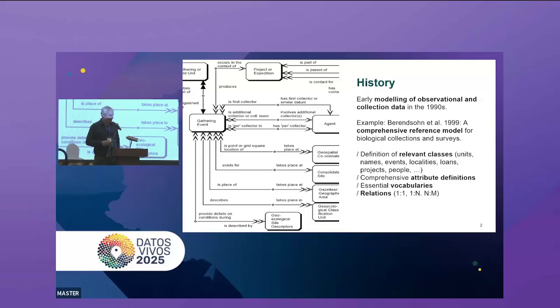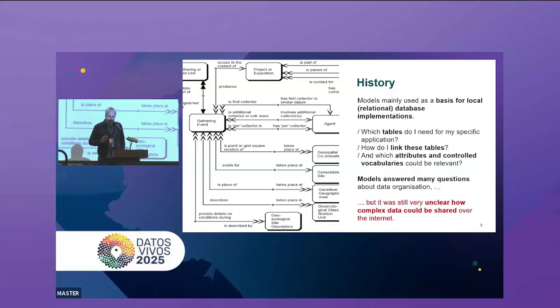And one very prominent example is the work I've mentioned here by Walter Berendsohn, who created with his team a comprehensive reference model for biological collections and surveys. And this was, if you look at the diagram, very much a relational model describing the relevant classes we would need as a community, attribute definitions, and essential vocabularies we would need, and most importantly, the relations between our essential data classes.